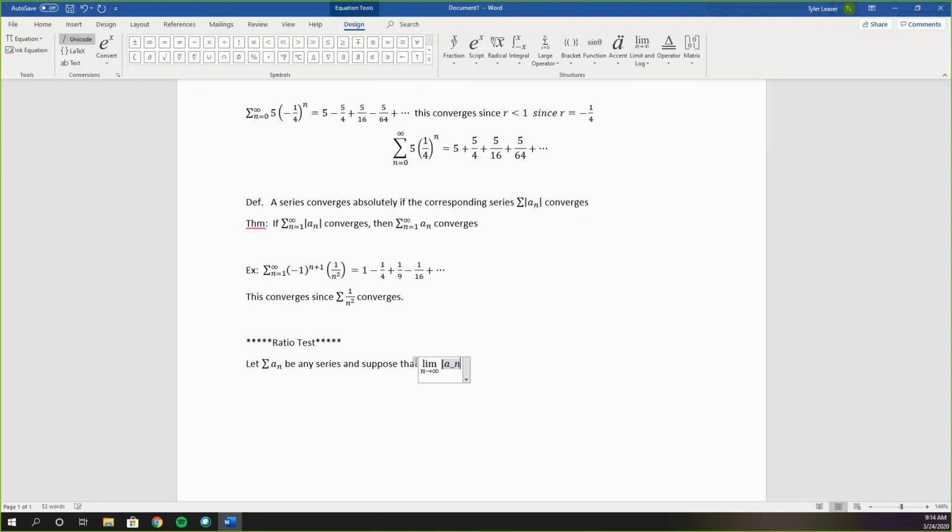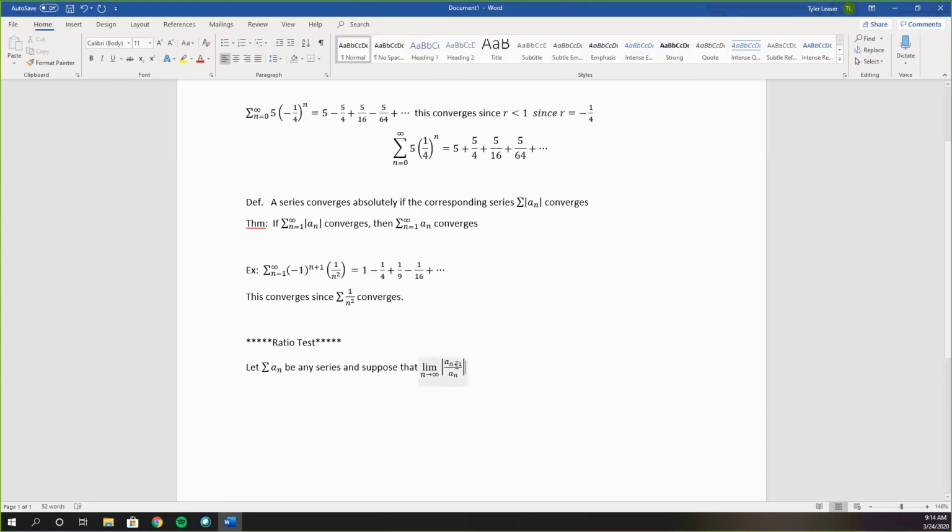This ratio is going to be the sequence term a sub n plus 1 divided by a sub n. All right. This is going to be the ratio test in general.